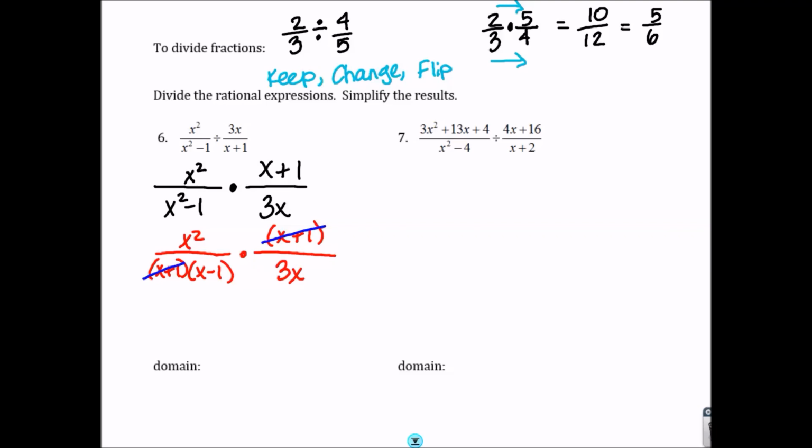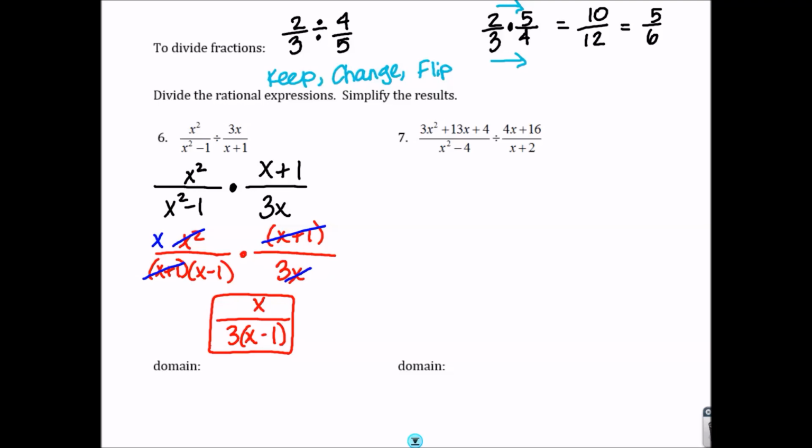The x plus 1's cancel. And then the x in the denominator will cancel with one of the x's in the numerator. So I'm left with an x in the numerator and 3 times x minus 1 in the denominator.